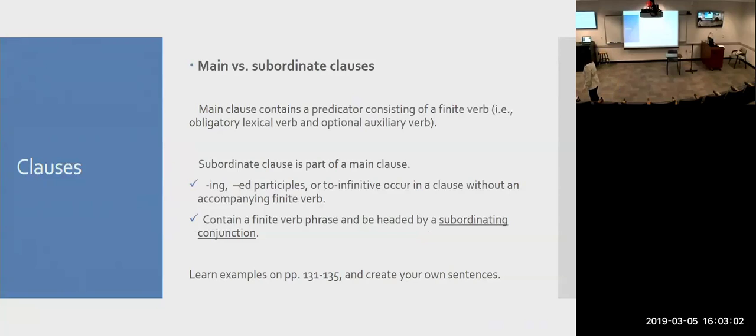And for the ed participle, how about ed? "Stopped at the traffic jam, he canceled his class." Is it possible? So "he canceled his class" is the main clause. Which verb do you use?